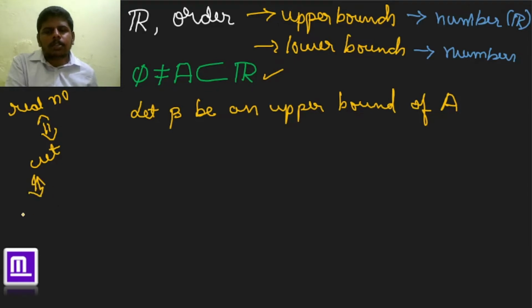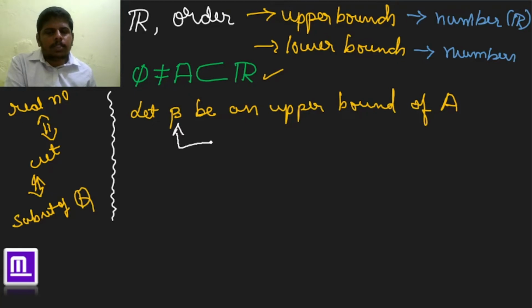These are subsets of rational numbers, and we have a video about those things: what are the properties and all those things, right? So we have this much. Okay, so with this beta, there is a corresponding cut. Let us call that one also beta.